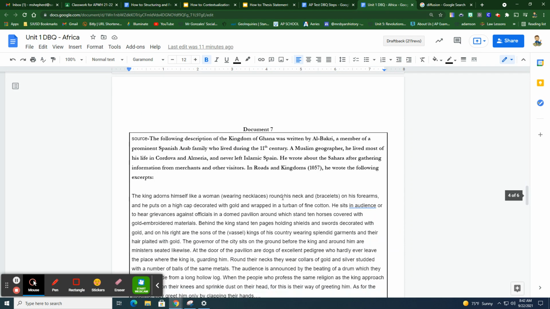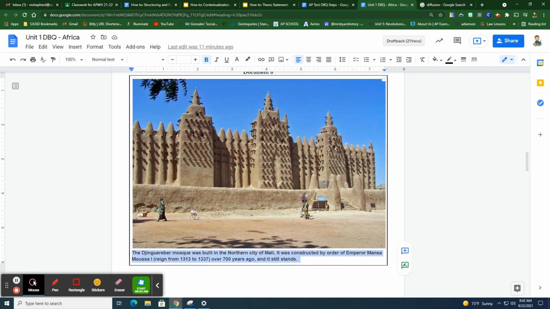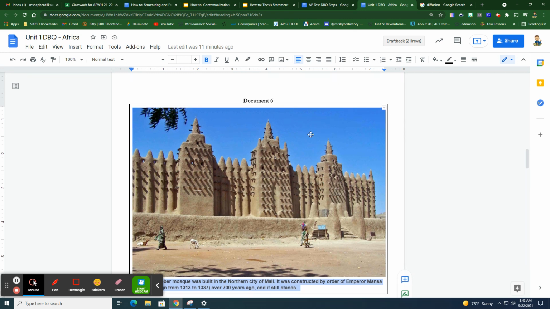The hardest one that you're going to come across again is document 6. It's the only picture one. Usually you get one picture in each of your DBQ tests, and it's of a mosque in northern Mali. It was constructed under the order of Emperor Mansa Musa. You should know all about Mansa Musa, so this background should help you evaluate an argument you could use with this. We already identified this argument in the first document too. This is a mosque, right?